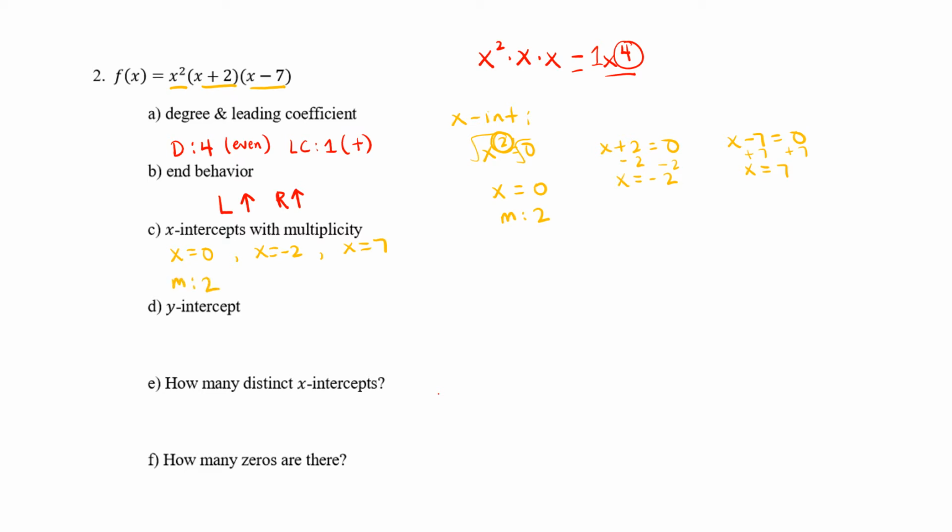For x plus 2, there's just one factor, so it has a multiplicity of 1. And for x minus 7, that also has a multiplicity of 1, because it's just one x minus 7. When we have an exponent like squared, it has a multiplicity of 2. If it was cubed, a multiplicity of 3. It's just saying how many times that factor is represented. But that gets our x-intercepts done.